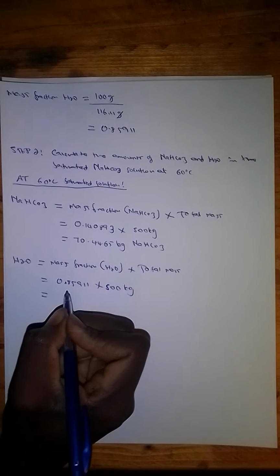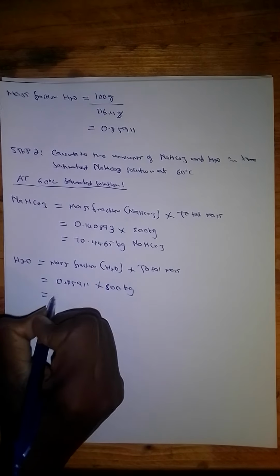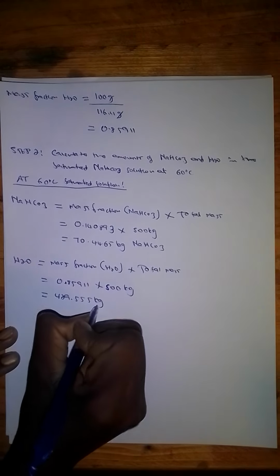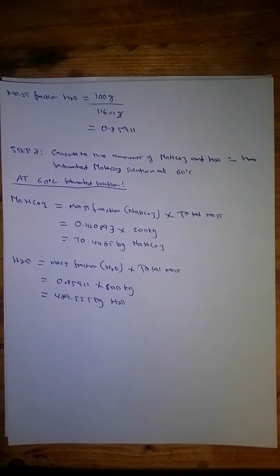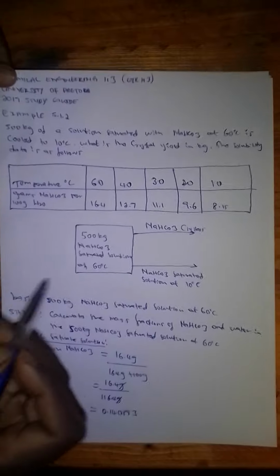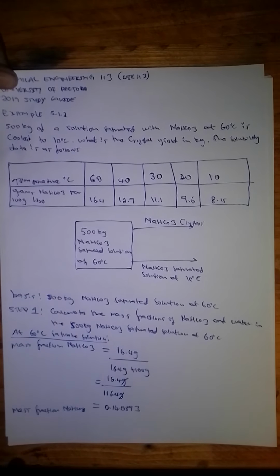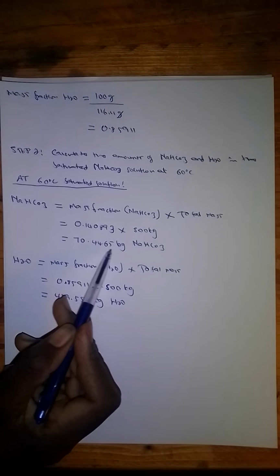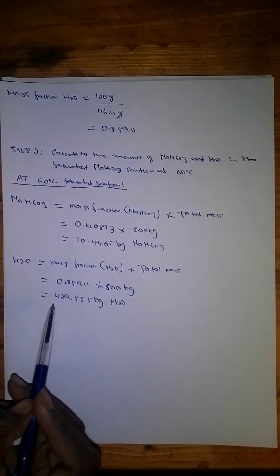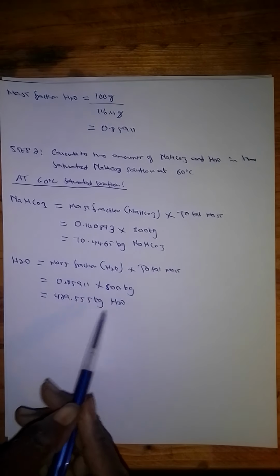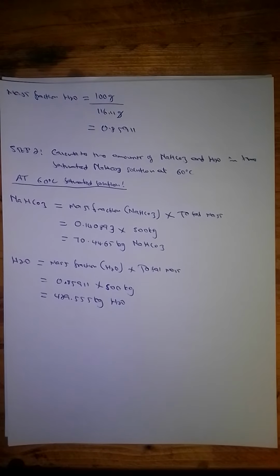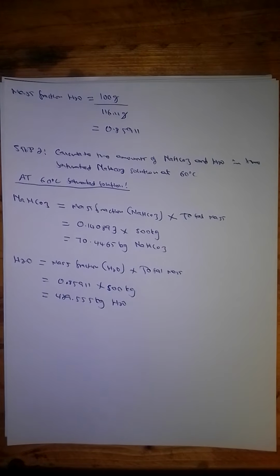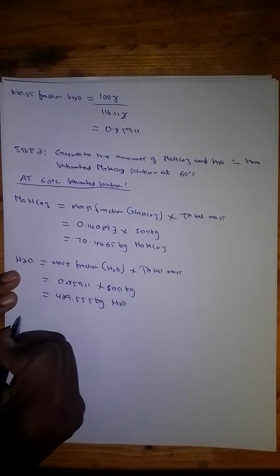If you use a calculator, it gives us 429.555 kilograms of H2O. This tells us that inside the 500 kilograms of the NaHCO3 saturated solution at 60 degrees, there's 70.4465 kilograms of NaHCO3 and 429.555 kilograms of H2O. That is an important analysis, and now we have much clearer information. Now this takes us to our step 3.